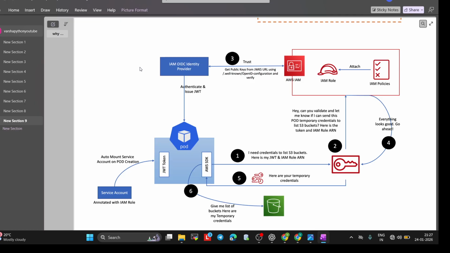This diagram also usually shows ECR, ECS, IAM roles and CloudWatch working together, because once the image is pulled and the container starts, logs are immediately streamed to CloudWatch.